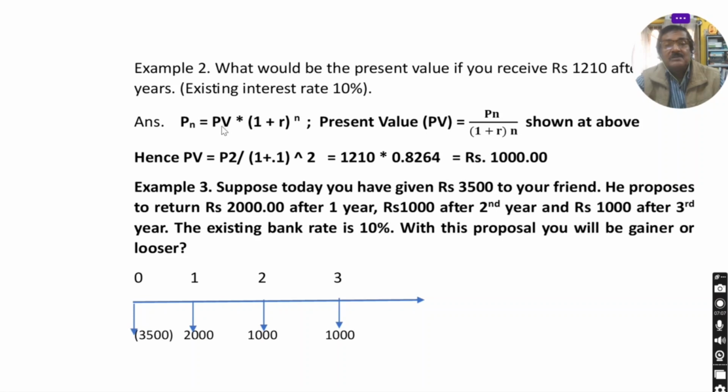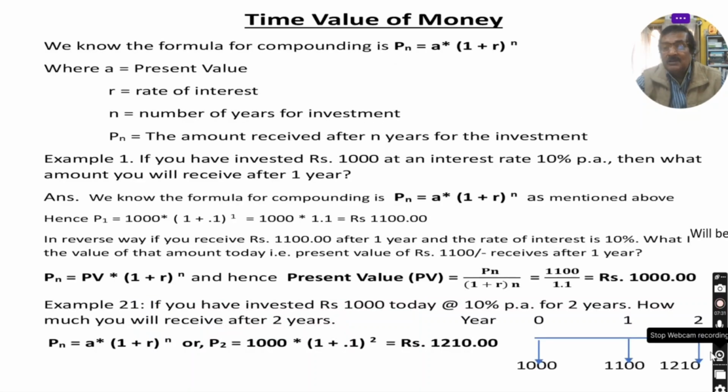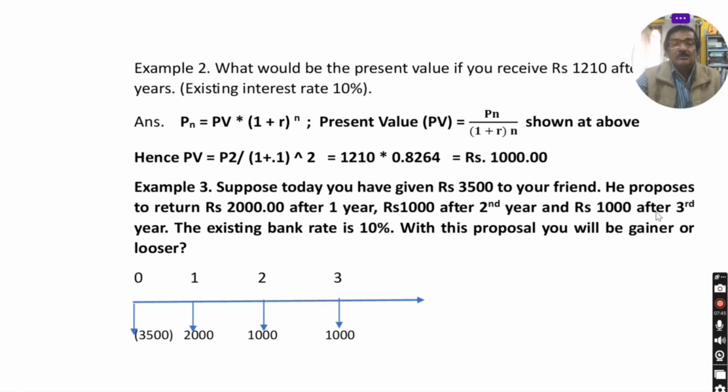The present value, A, Pn, you are receiving 1,210, rate of interest 0.1 per annum, and N is 2. This sign is power. If you put it in the formula, then you will get this amount that I have already shown you. That means if you get this amount at this point, it's equivalent to rupees 1,000 at this point. The present value will be 1,000.